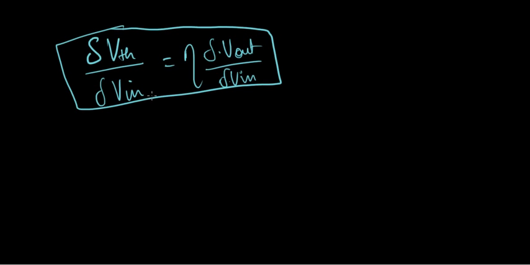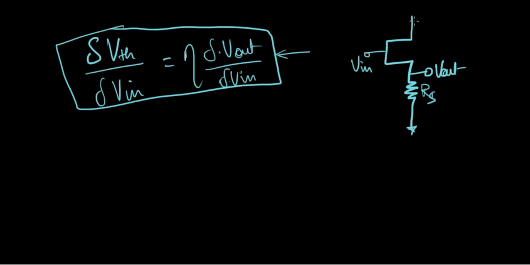First of all, this was applied in the video where I derived the gain for the common drain amplifier. So let me draw that first. We have Vout and an RS here, and this is Vin and VDD.